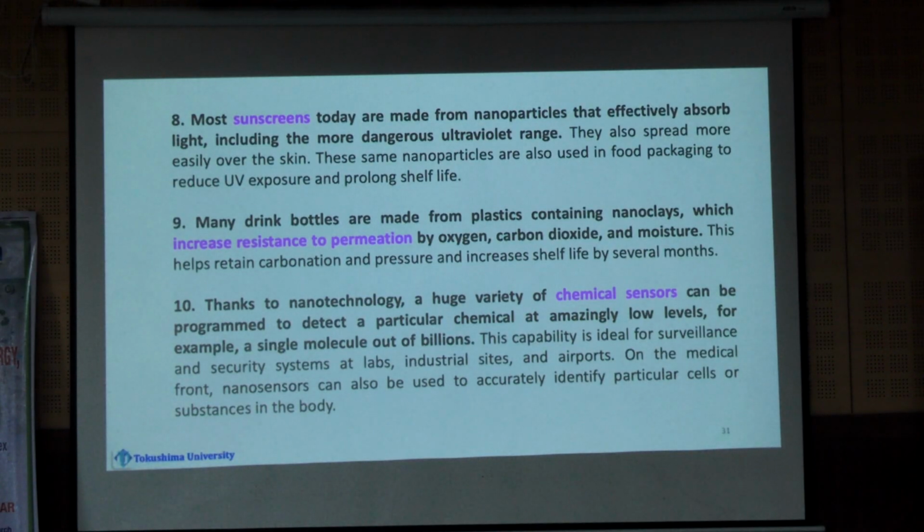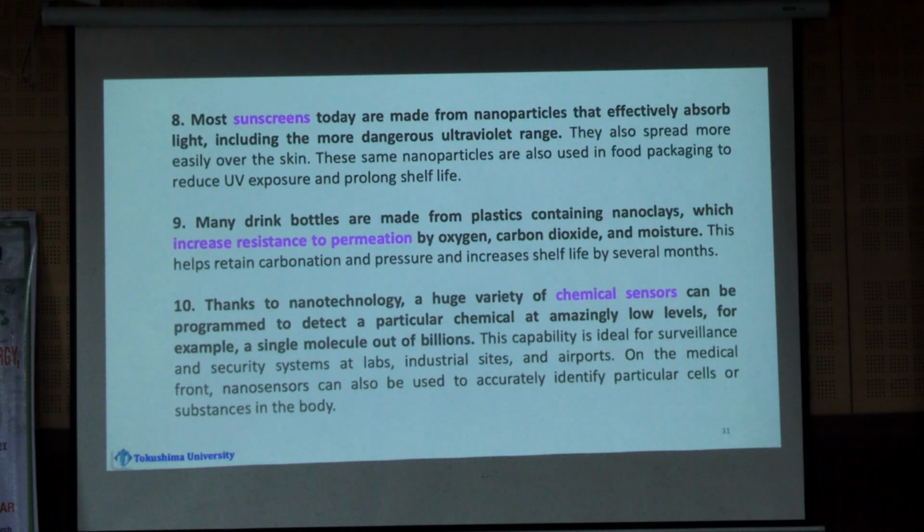We might get a different kind of material that can block the UV rays. At present, we are using zinc oxide and TiO2 because they are more resistive to ultraviolet rays. So in future, it might happen that some nanoparticle will show better performance than zinc oxide or TiO2. Then we can replace them.